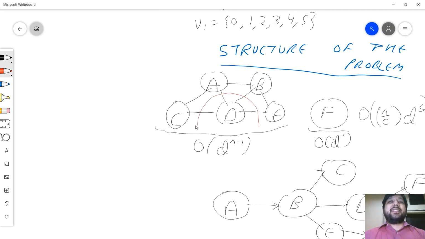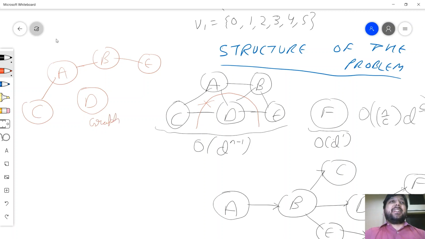and that's the cut that you make. So if you make this cut, the problem becomes C, A, B, E, and a D. This is just a node, but let's call it a graph, and this is a tree. And these are two separate problems.